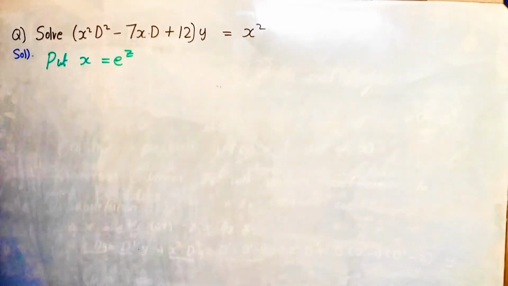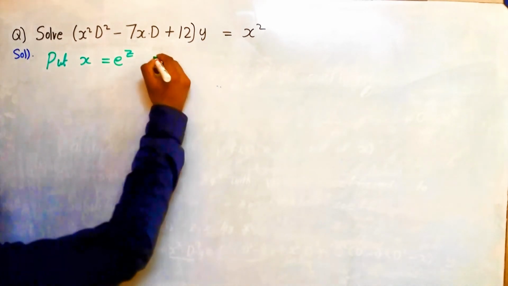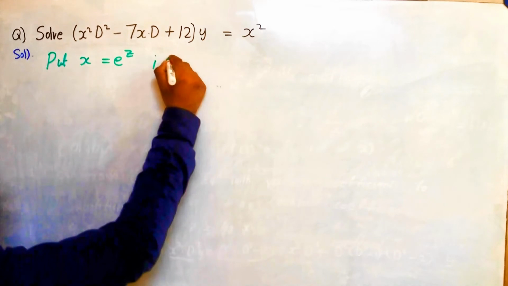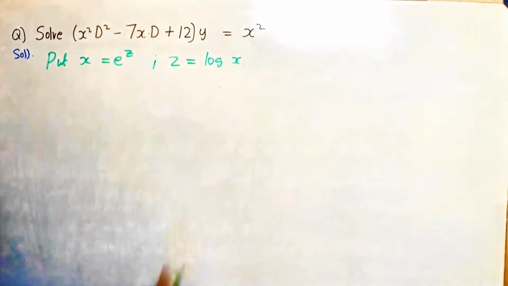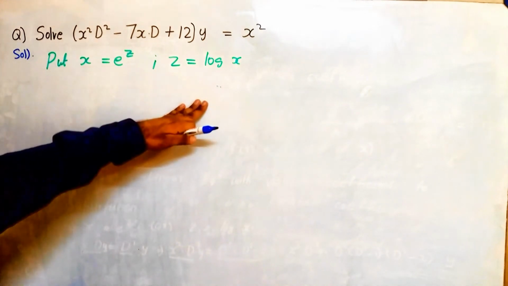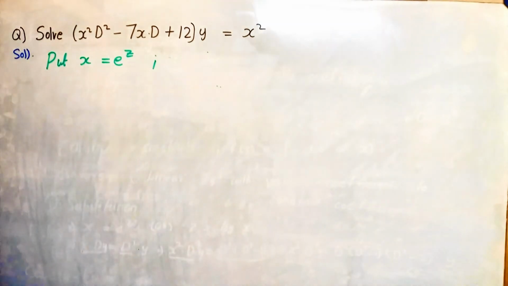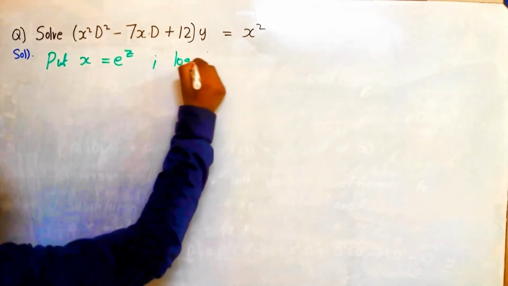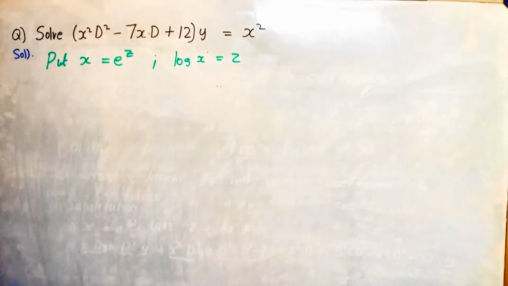Another substitution is put z is equal to log x. We can also write this as log x is equal to z. We have to replace log x by z.